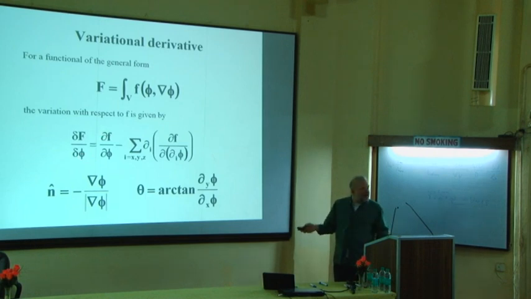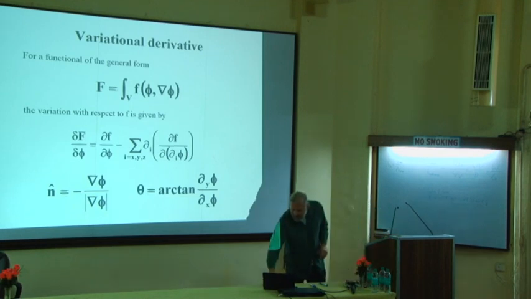what was the formula for the variational derivative? So the variational derivative, I remember, was the simple derivative of the potential term, plus this variation of the gradient terms, which I explained to you on the second day. Now you see the unit normal vector, you can express like this as a function of the gradient of phi.